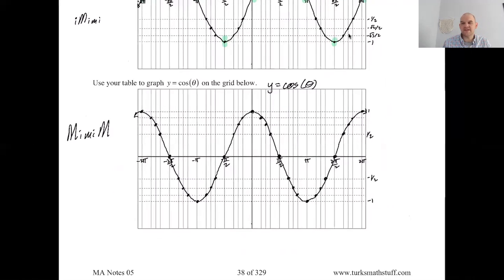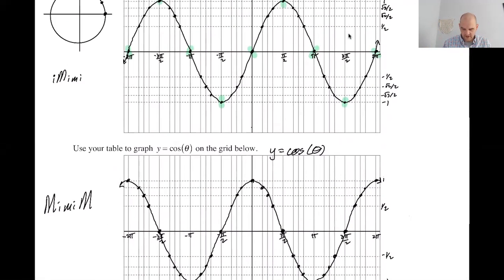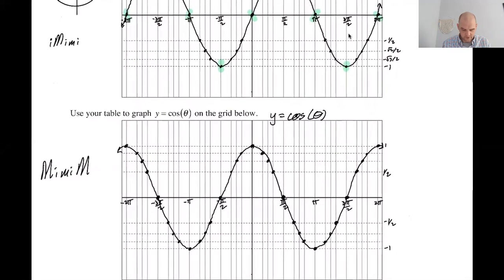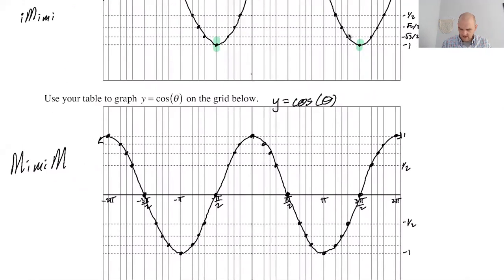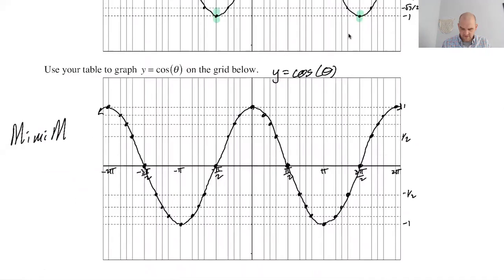I can see that the range is -1 to 1. It looks like they're just offset by pi over 2. If I took cosine and shifted it pi over 2 to the right, I would get sine. If I took sine and shifted it pi over 2 to the left, I would get cosine. That's actually a big deal. And if you think of your cofunction identities, maybe there is something there. But anyway, these are the basic graphs.